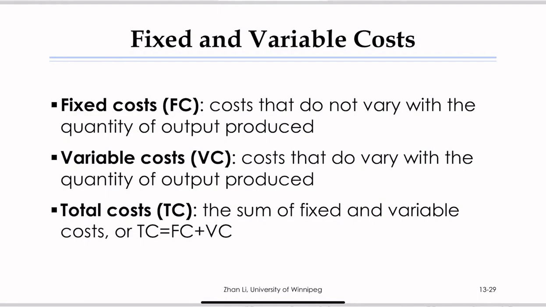Total cost, which is the combination of fixed cost and variable cost. So here we would use these short names, right? So FC refers to fixed costs, VC refers to variable costs, and TC refers to total costs.